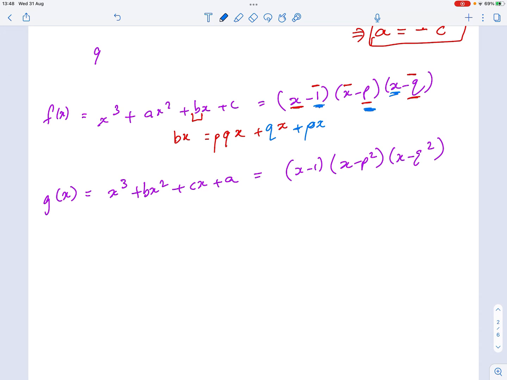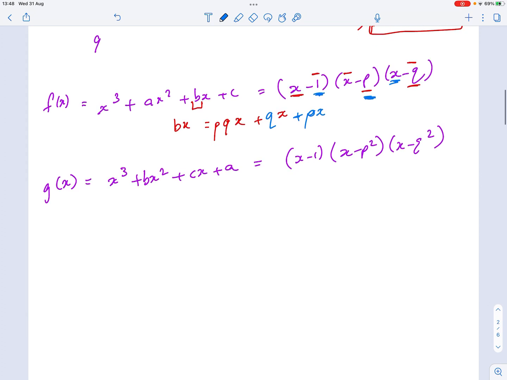Minus p times minus 1 is plus p times the x. Right. Well, we can cancel the b's out, the x's out, which will give us, therefore, b is equal to pq plus q plus p.